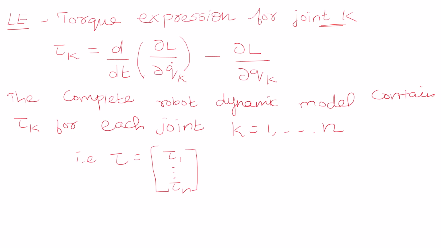The complete robot dynamic model will contain tau k, where k varies from 1 to n, where n represents the number of joints. So the torque can be represented as a vector, tau 1, tau 2, up to tau n.